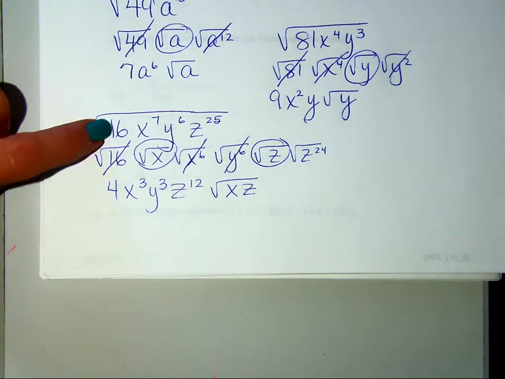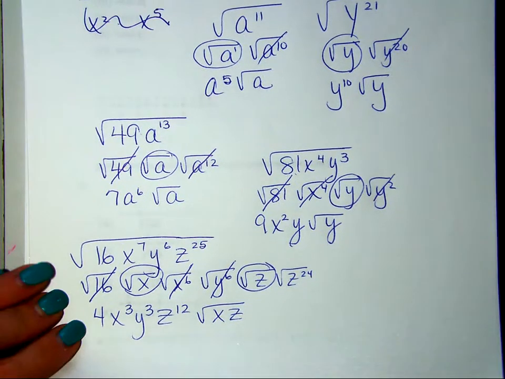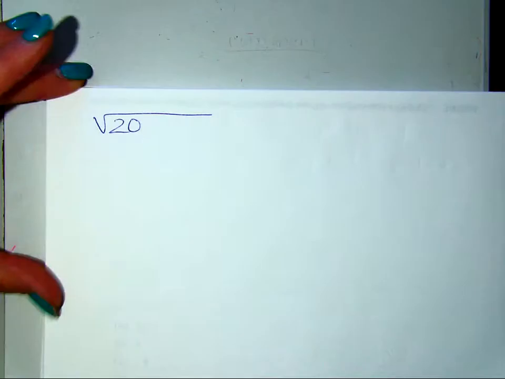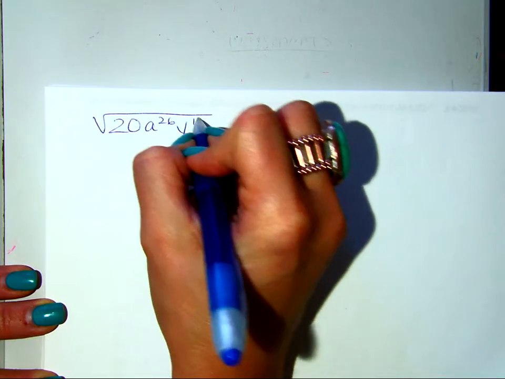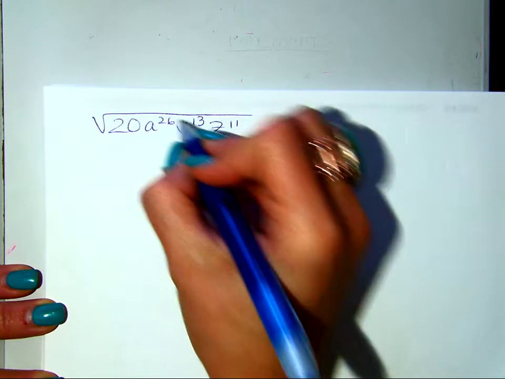So now we have to talk about what happens when that 16 or 81 or 49 is not a perfect square. And I bet you can guess, right? So let's start with the square root of 20 a to the 26th, y to the 13th, z to the 11th. So I was nice. I gave you one perfect square.